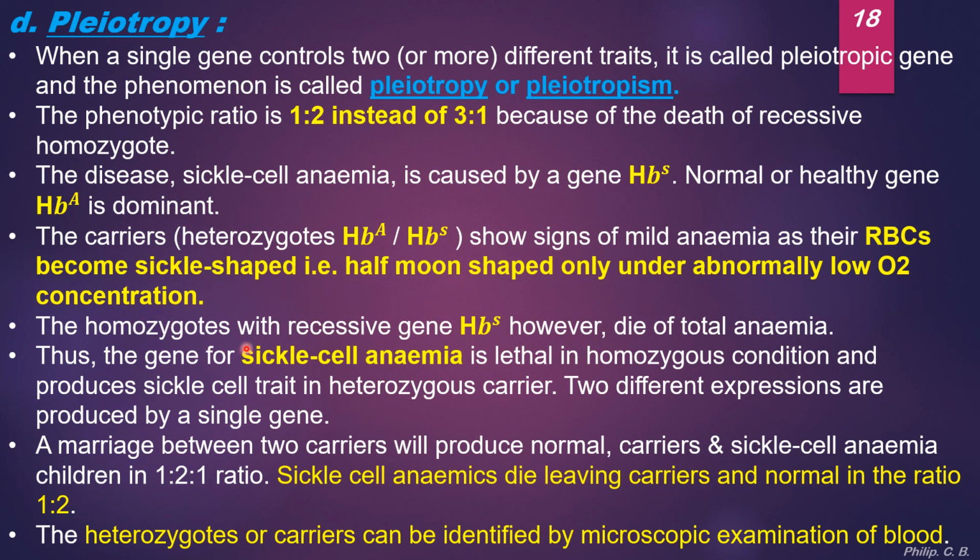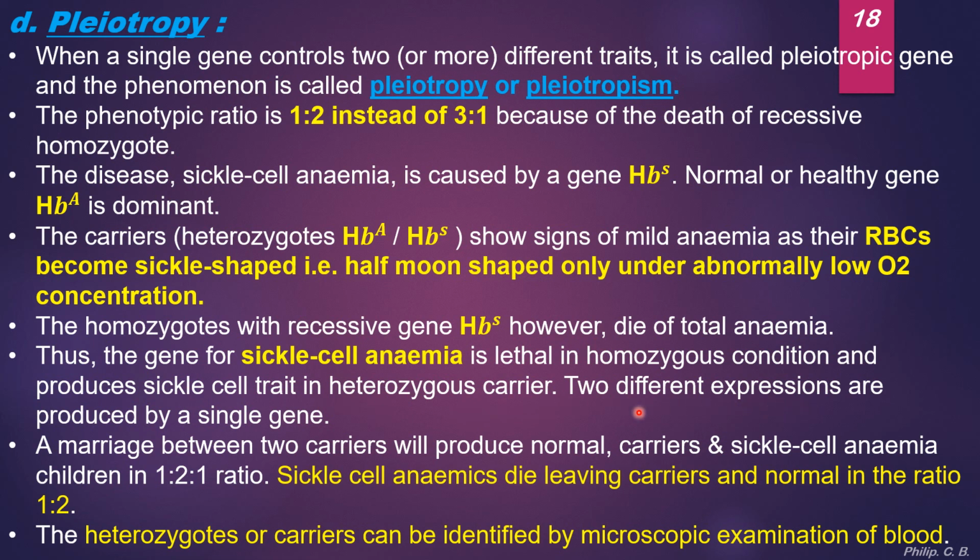The homozygotes with the recessive gene HbS HbS, however, die of total anemia. Thus, the gene for sickle cell anemia is lethal in the homozygous condition and produces the sickle cell trait in the heterozygous carrier.